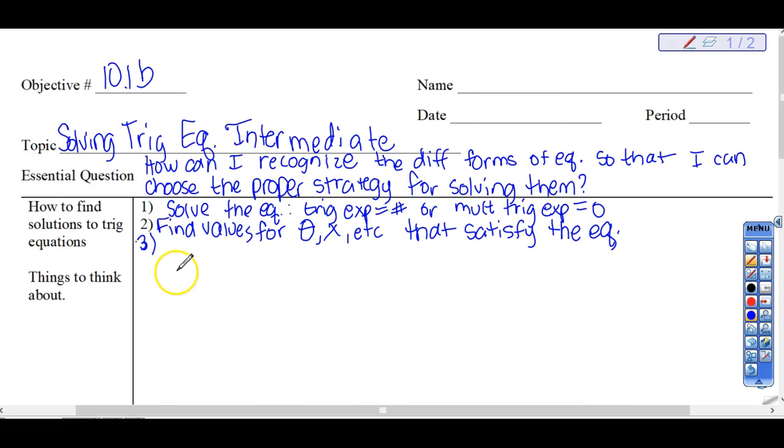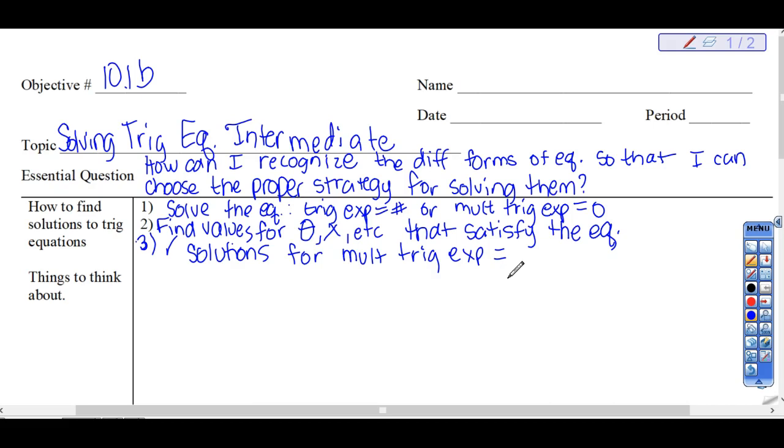And then step 3, there is an additional step. Anytime you introduce multiple trig expressions in a single equation, you have to check solutions for the multiple trig equations. Because it's possible, I don't know if it's going to happen today on your assignment, that you'll get an answer that's extraneous, and you have to toss that answer out because it doesn't make the equation true.